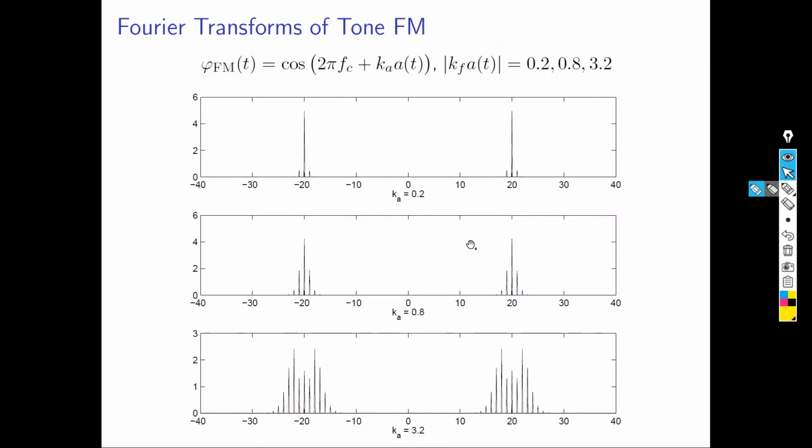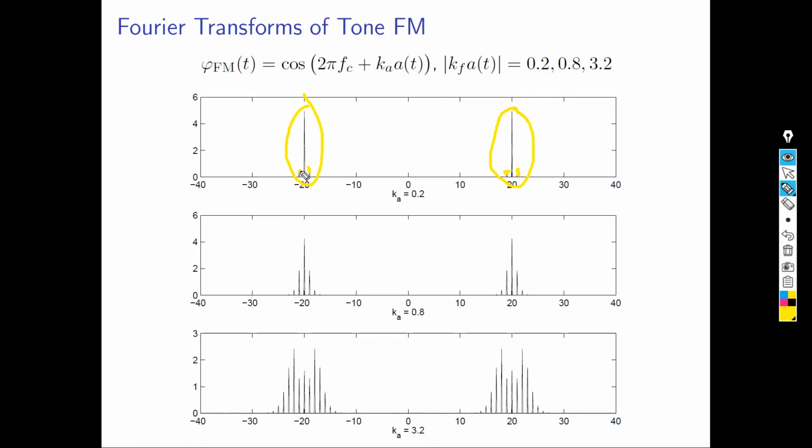But when you go to the frequency domain, you will see that when kf multiplied by a of t, taking the absolute value, is equal to 0.2, you have only these components, 3 on the left, 3 on the right, and you have these very little ones, you can even ignore them.